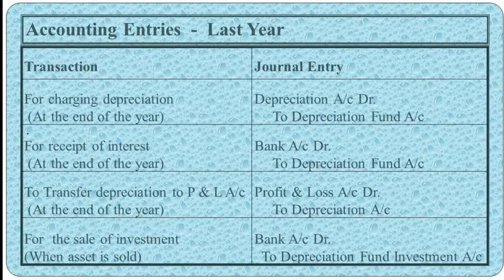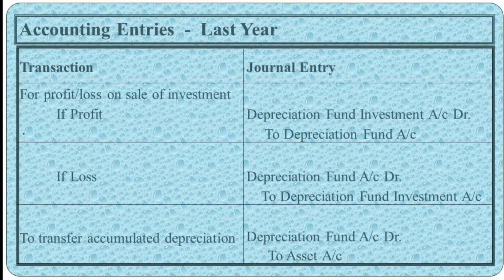When depreciation fund investments are sold, bank account is debited and depreciation fund investment account is credited with the amount realized on sale of investment. That is, entry for sale of investment is bank account debit to depreciation fund investment account.